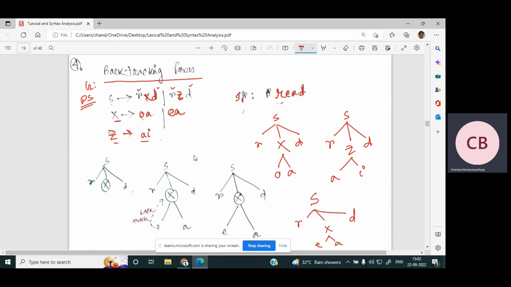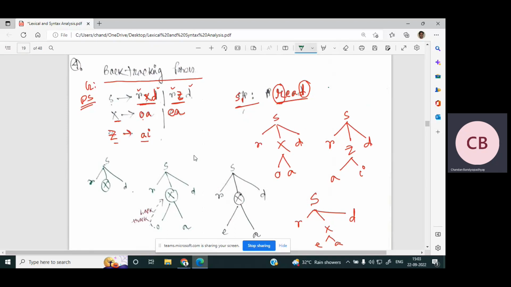Now, what is the problem? I was given a string and a set of production rules. Now, to get this string accepted, I check this R and D part. So I selected either this production or this production. That means two trees I had initially.